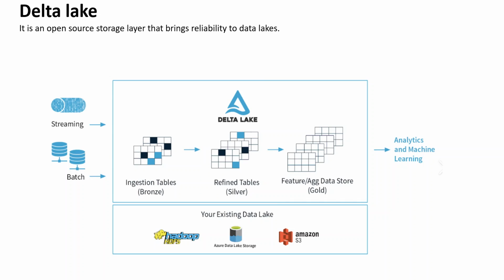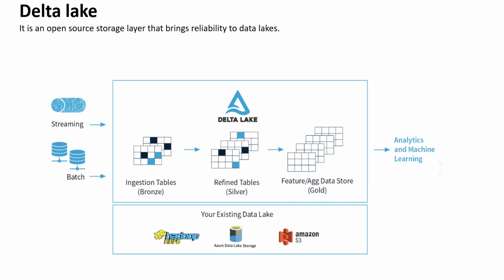Before going in depth of Delta Lake, let me introduce what exactly Delta Lake is. It's an open source storage layer that brings reliability to data lakes. Delta Lake was implemented by the founders of Databricks, and we know that the founders of Databricks are the founders of Spark.